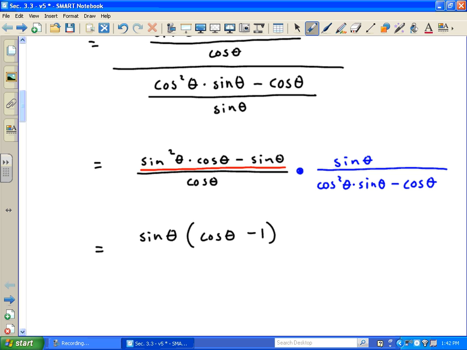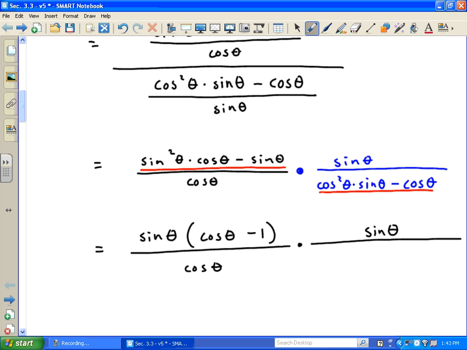I'm going to keep its denominator as it was. And then over here on the second fraction, I'm going to keep the numerator as it was. And then I see that these two terms share a cosine function, so I can factor a cosine function out. In this case, I'm left with cosine of theta times sine of theta minus 1.